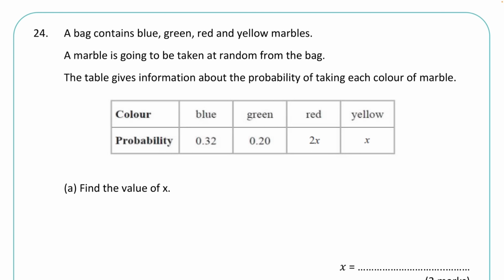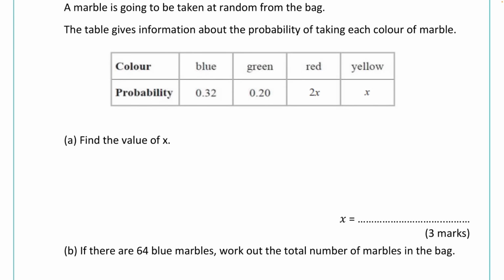Question 24, we have some probability from a table. It says a bag contains blue, green, red and yellow marbles. A marble is going to be taken at random from the bag and the table gives information about the probability of taking each colour of marble. Some of them are given to us in terms of algebra and it says find the value of x. So these numbers in the table have to add up to 1.